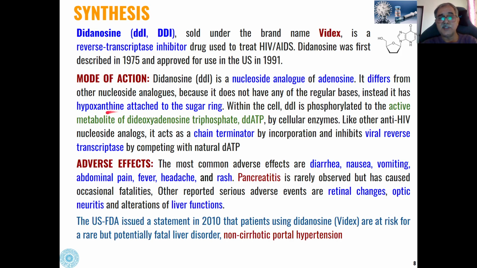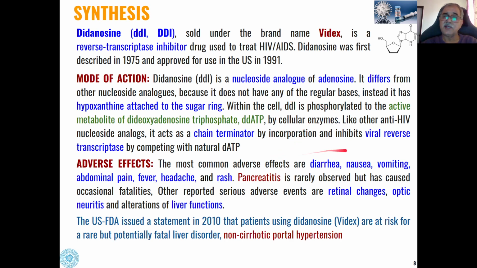So this has hypoxanthine attached to a sugar ring. Within the cell, didanosine is phosphorylated at this hydroxyl functional group to the active metabolite dideoxyadenosine triphosphate by cellular enzymes.